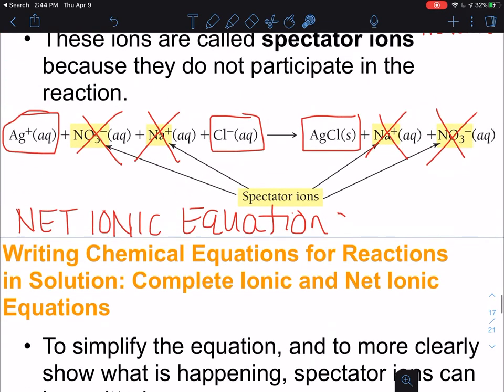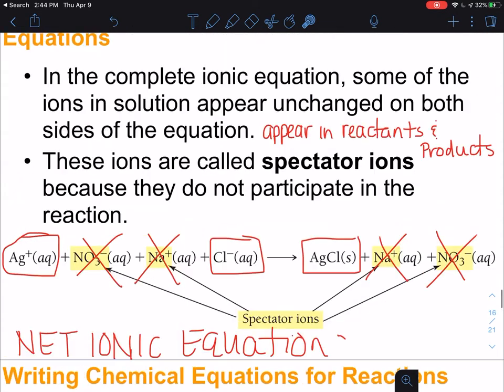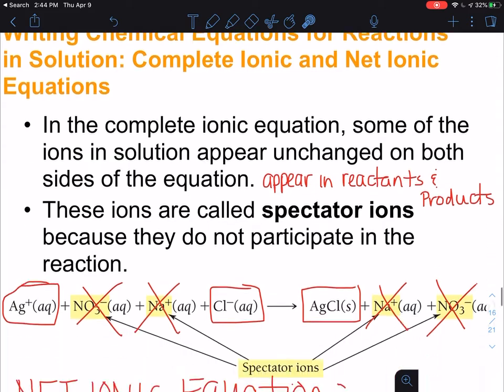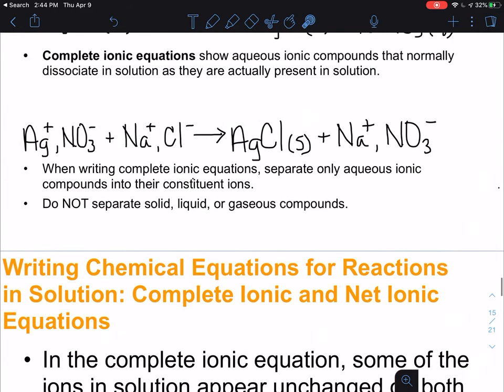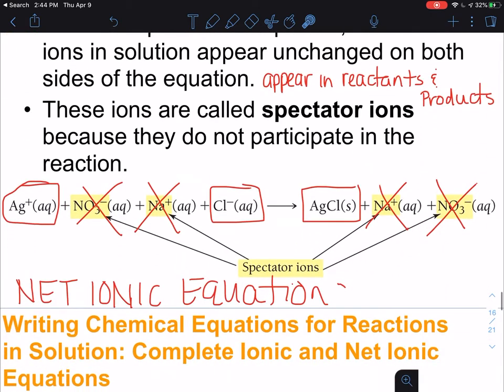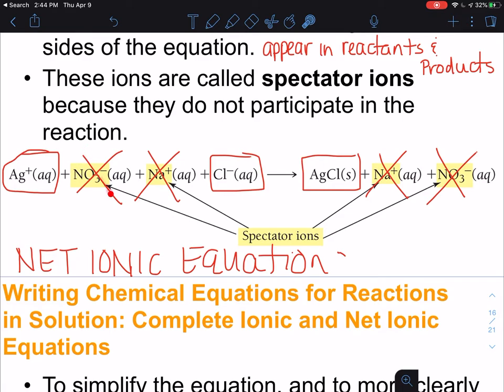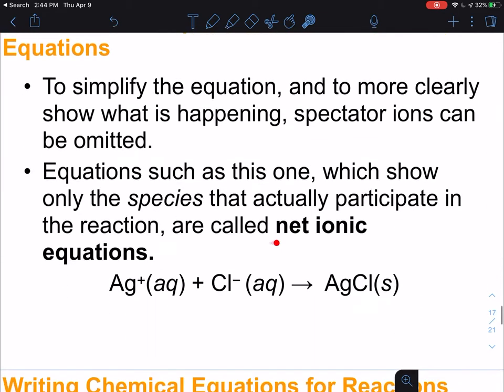So this is the molecular equation right here, and this is the total ionic equation, and then when you remove the spectator ions, you are left with a net ionic equation that removes all the spectator ions.